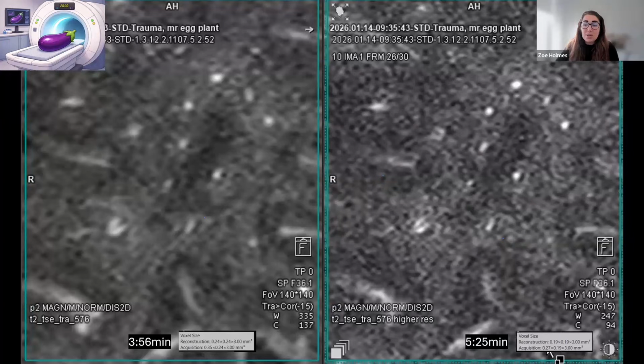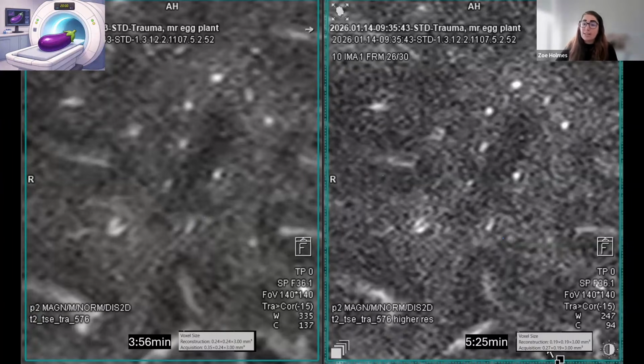So when we zoom these two up on the next one, we can see down the bottom here we've got the voxel size. We've gone from the reconstruction, which is 0.24 to 0.19, and our acquisition went from 0.35 and 0.24 to 0.27 and 0.18.